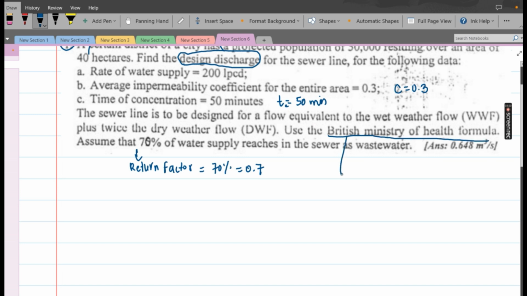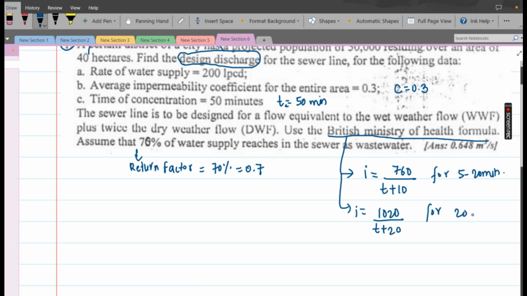This is to calculate I, the intensity. I equals 760 by T plus 10 for a duration of 5 to 20 minutes, and I equals 1020 by T plus 20 for a duration of 20 to 100 minutes.